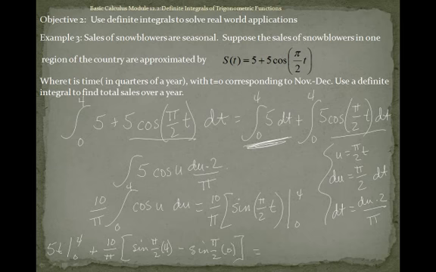And in the first part, we're going to end up getting 5 times 4, which is 20, minus 5 times 0, which is 0. So we've got 20 for the first part, plus, and if we break out our calculator and do this second section, we're going to end up with 0, and so our answer will be equal to 20. And so they ended up with 20 snowblowers in 1 year.